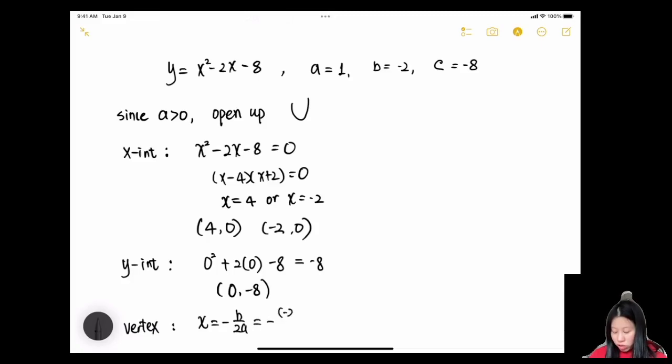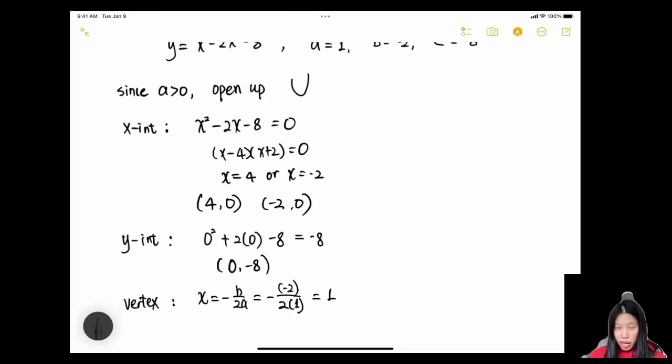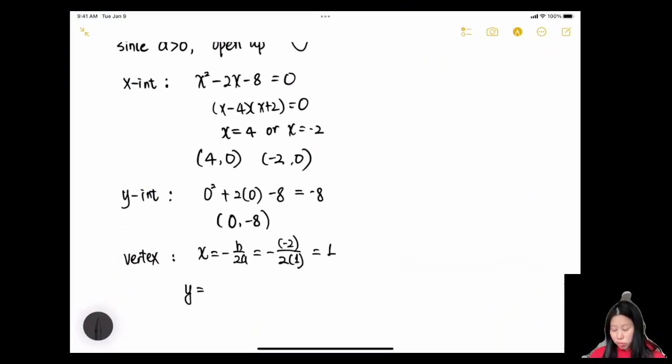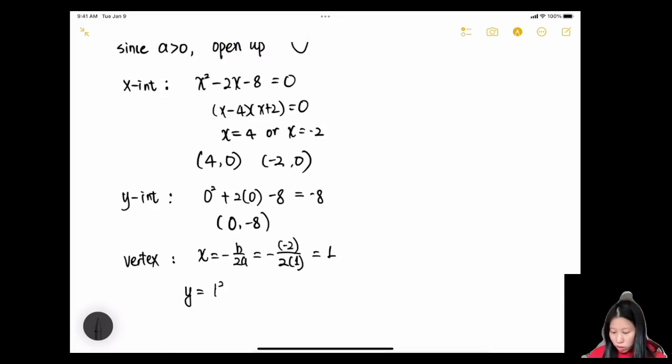So if b equals negative 2, a equals 1, I have negative, negative, we will end up with a positive. After we find x, we need to substitute x equals 1 to find the y-coordinate. So I have 1 squared minus 2 times 1 minus 8. So the y-coordinate equals negative 9. So we find the vertex is 1, negative 9.